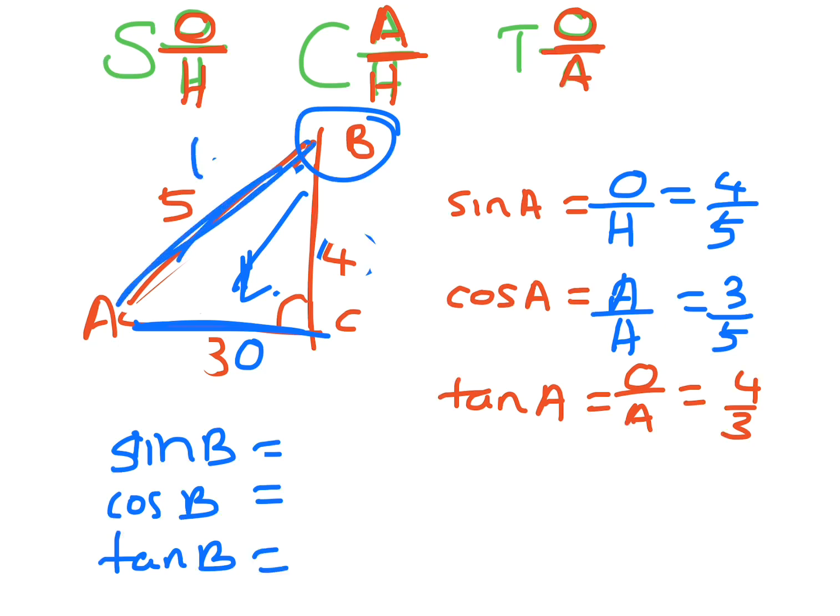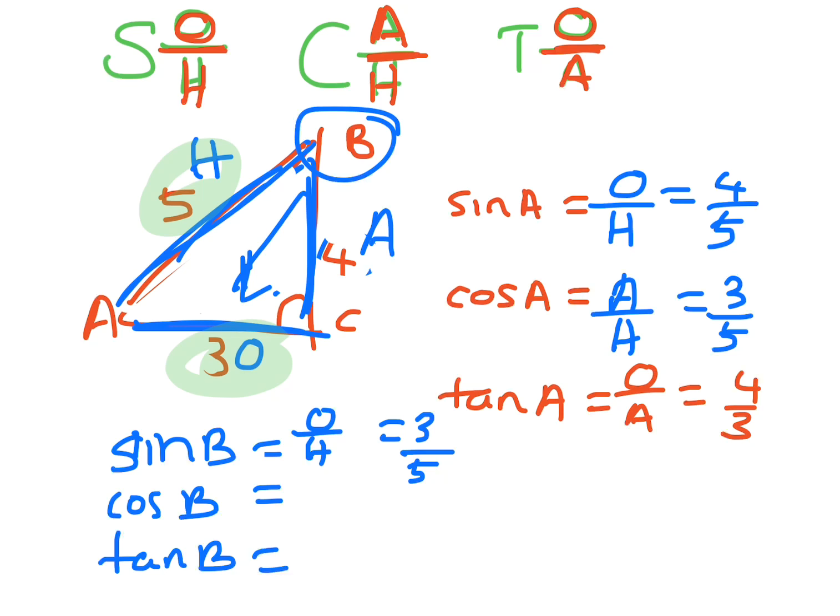The hypotenuse will still stay the same, but the adjacent side is now 4. So sine is opposite on hypotenuse, 3 on 5.